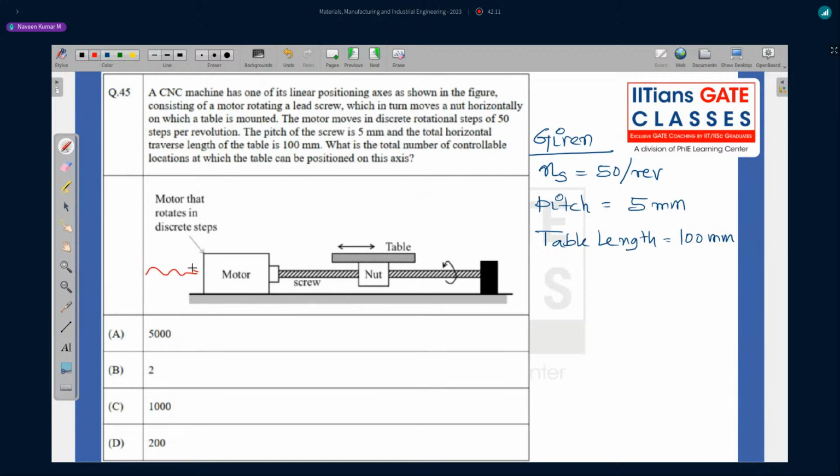If you are sending one pulse, the motor should rotate by some amount. It has 50 steps in one revolution, so for one pulse it will rotate 1/50th of a revolution. For a complete rotation, you have to give 50 pulses. But here we are sending only one pulse. Basic length unit is related to one pulse.